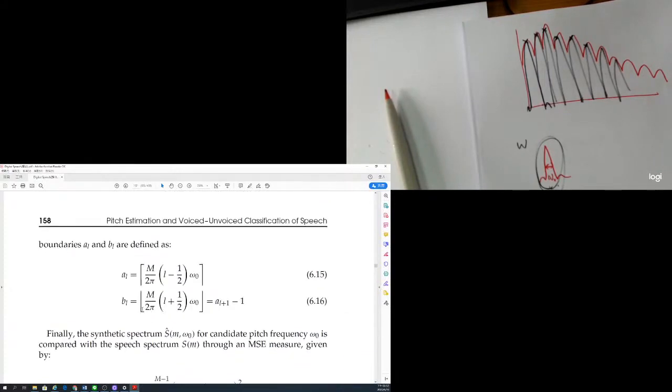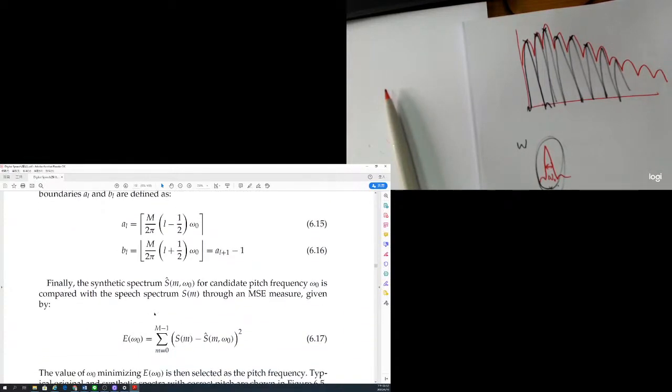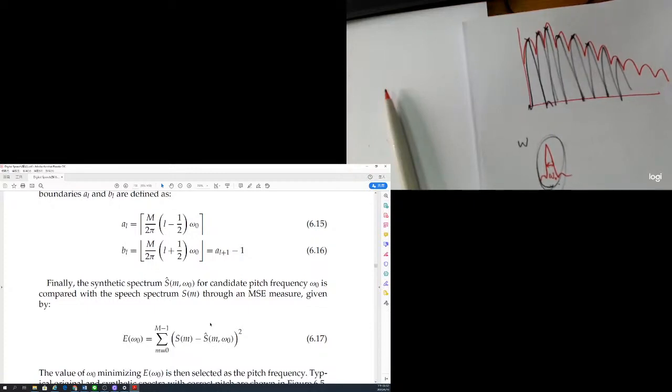So you synthesize the waveform and see what fundamental frequency makes the synthesized spectrum waveform more closely match the original spectrum waveform. So this one is based on the synthetic spectrum.